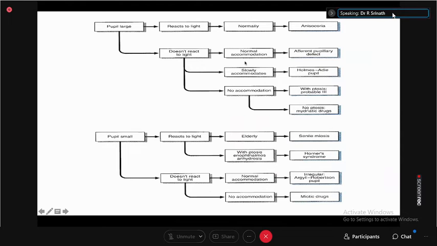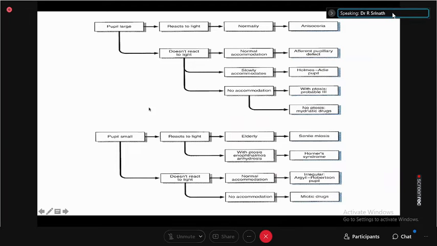Whenever accommodation is slow, there is a congenital condition called Holmes-Adie pupil. Whenever there is no accommodation and there is ptosis, it is probably third nerve involvement. The third nerve also supplies the levator palpebrae superioris, which will cause ptosis. And whenever there is no ptosis, then possibly it is mydriatic drugs.